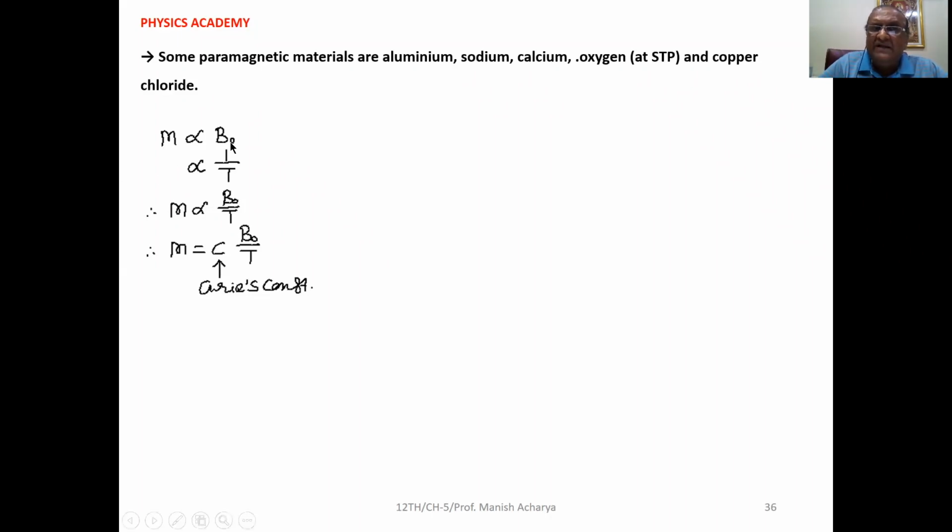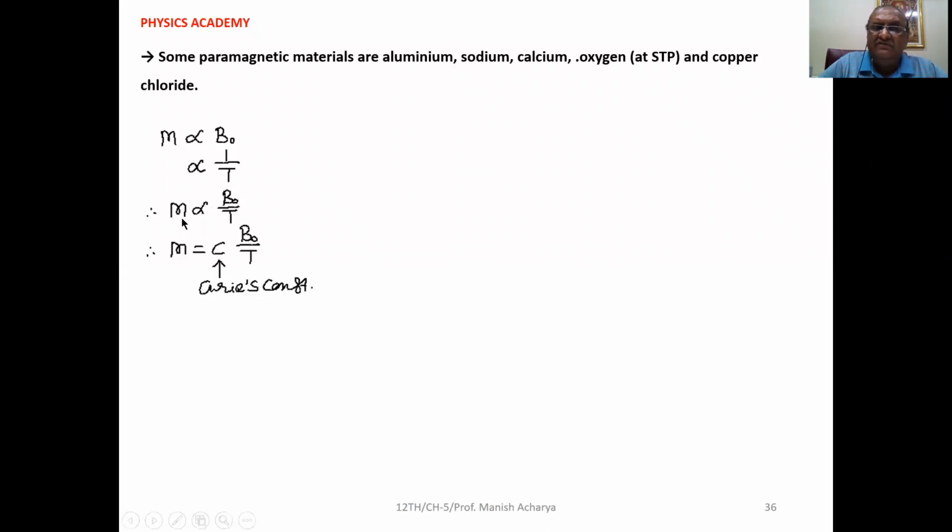So M is directly proportional to B0, as well as M proportional to 1 upon temperature. As we increase the temperature, due to thermal excitations, the randomization of the dipole moments increases. And if randomization increases, then the magnetization decreases.